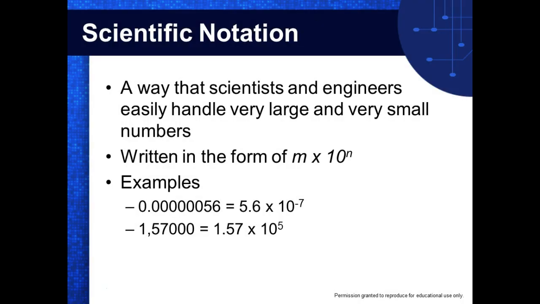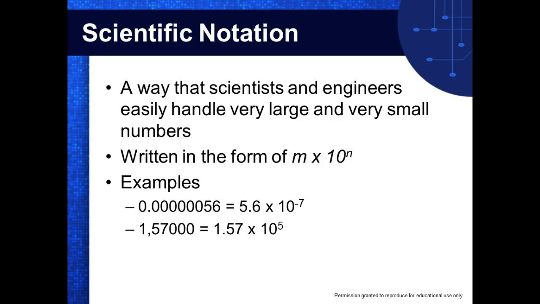Scientific notation, this is a way that scientists and engineers use to handle very large and very small numbers. It's written in the form of x times 10 raised to some power. Everybody understand that? So instead of writing this number, I would come up here, grab the decimal point, and start moving it.